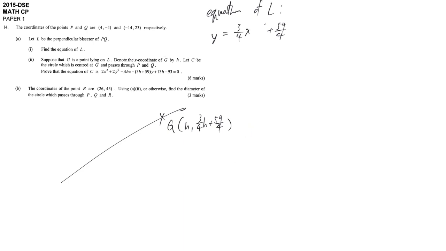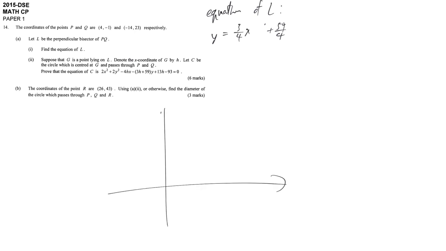So I may need to draw another graph. Just now, point P is here, and point Q is here. And our L is here. And then they say that there is a point G somewhere here, labeled as h, and also 3/4 h plus 59/4.